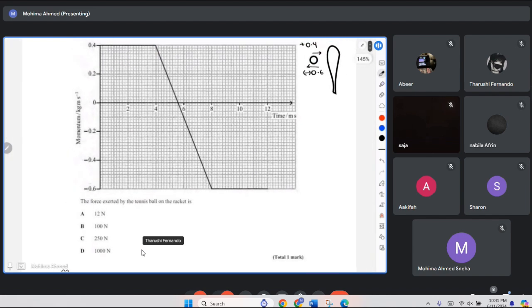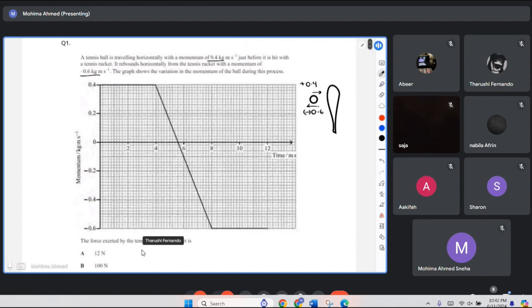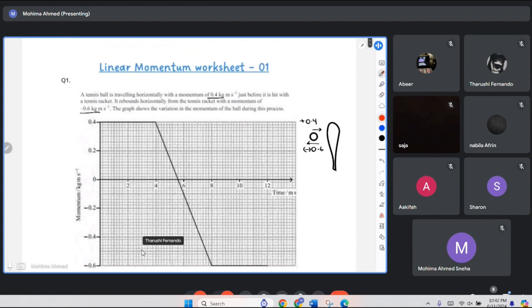Now, if you want to find out the force exerted by the tennis ball on the racket, remember that there are two forces over here. The ball is exerting a force on the racket, and the racket is exerting a force on the ball, right? So this is the direction in which the racket will feel the force, and this is the direction in which the ball will feel the force.